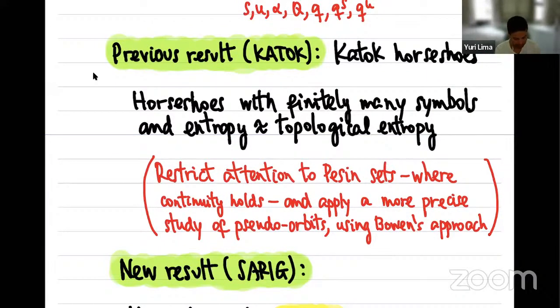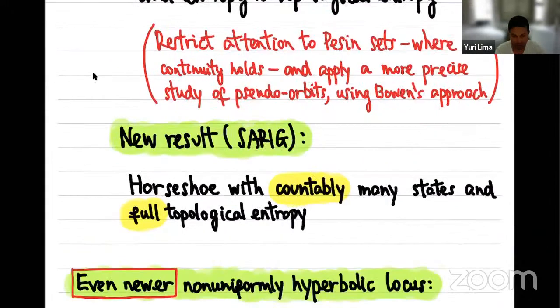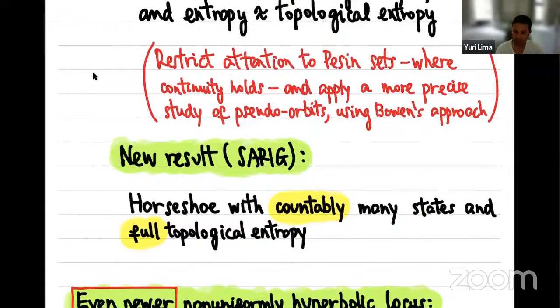And well, the problem is that these horseshoes can have entropy as close to the topological entropy as we want, but not necessarily can you find one horseshoe with entropy exactly equal to the topological entropy. You can approximate, but maybe you cannot make it equal. And this was exactly the new result of Sarig from 2013, at least it was published in 2013, in which he was able to construct this object, which I will still call a horseshoe, that now has countably many symbols.